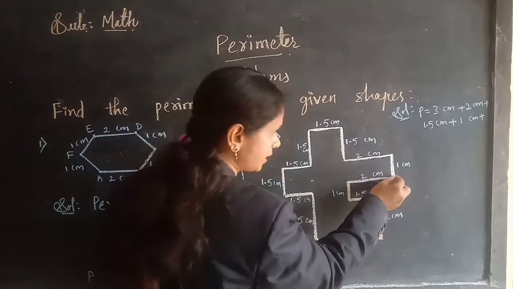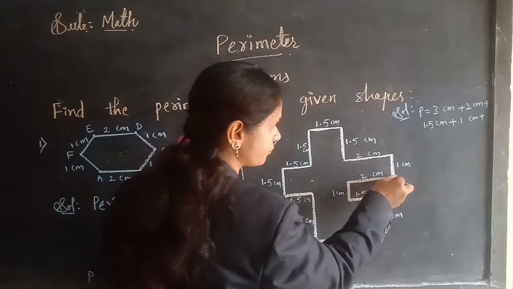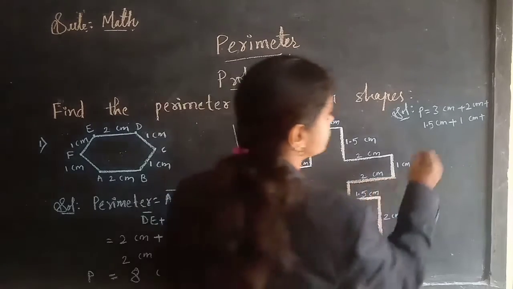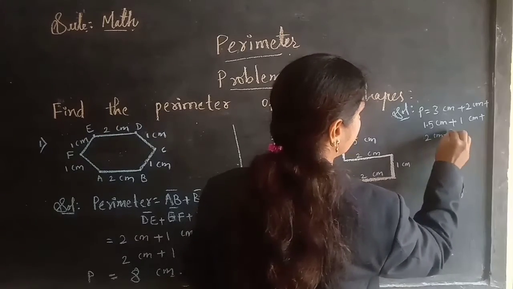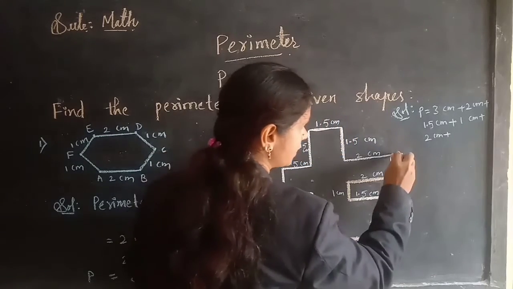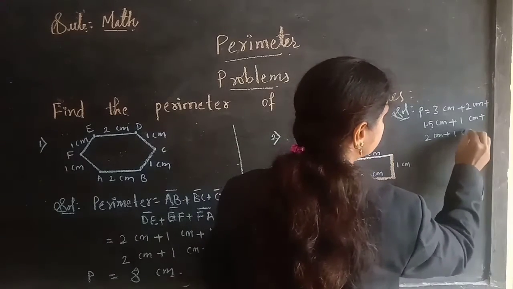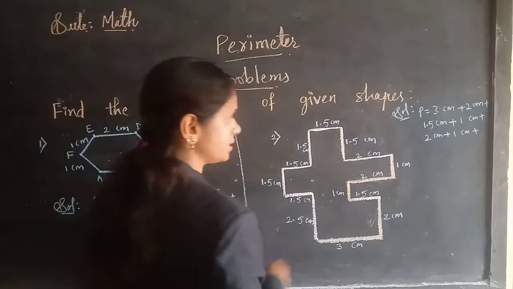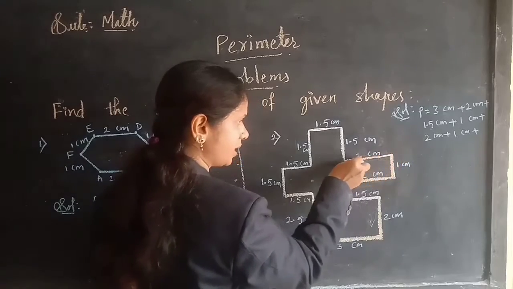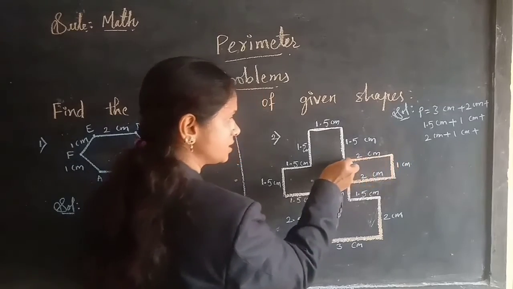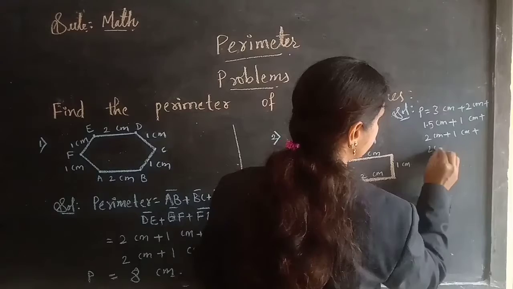Plus, and here I am taking 2 centimeters. Plus, and here I am taking 1 centimeter. Plus, and next to this side, this side length is 2 centimeters.